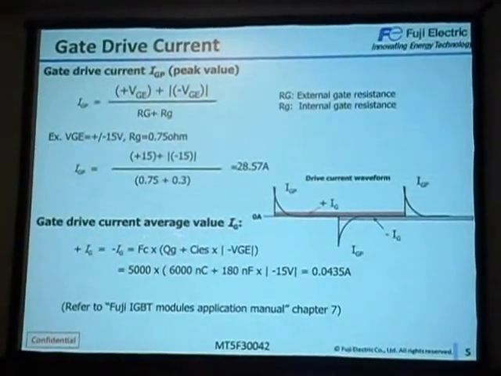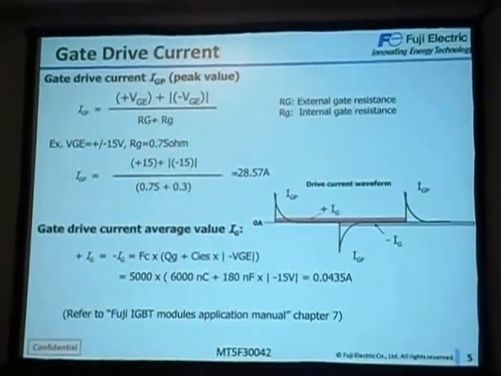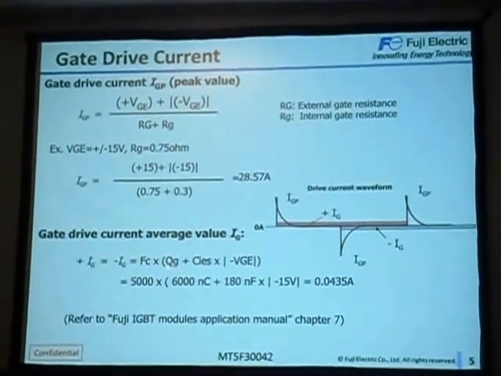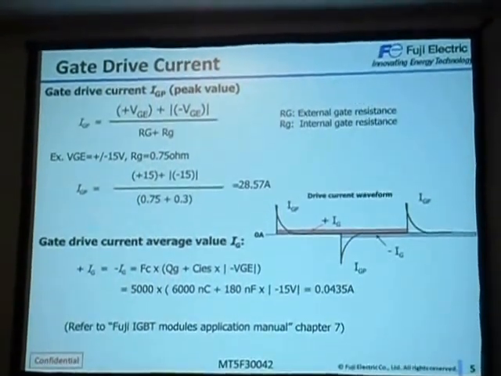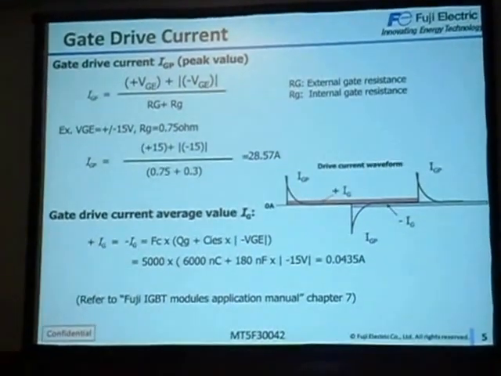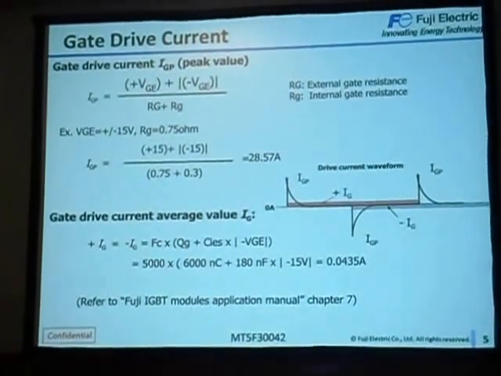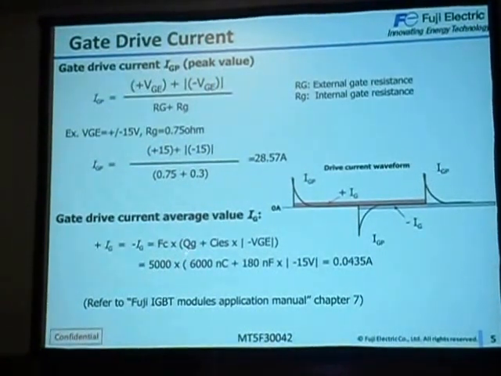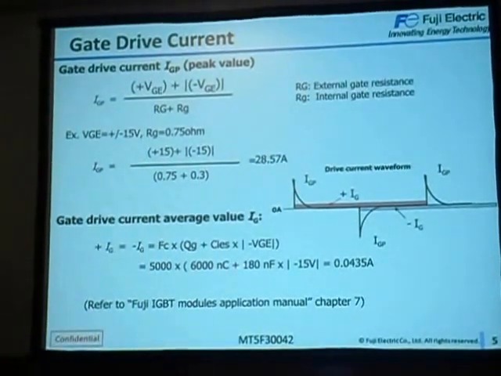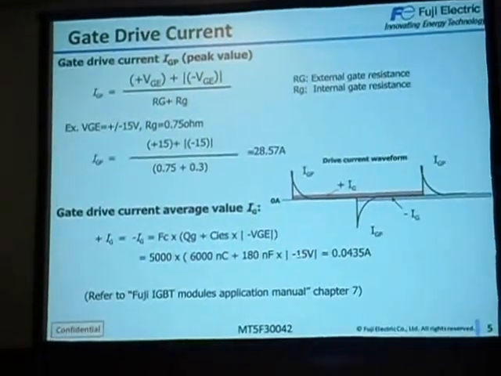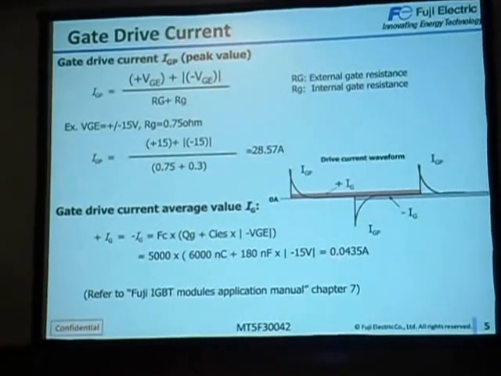The average gate current is calculated by this equation: switching frequency times gate charge plus input capacitance times negative gate voltage. For example, with a 5 kilohertz switching frequency, a gate charge of 6,000 nanocoulomb, an input capacitance of 180 nanofarad, and minus 15 volts, the average current is only 0.0435 amps.